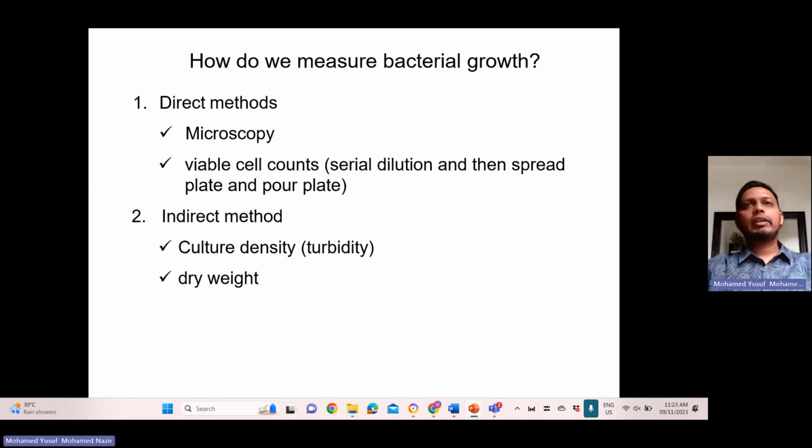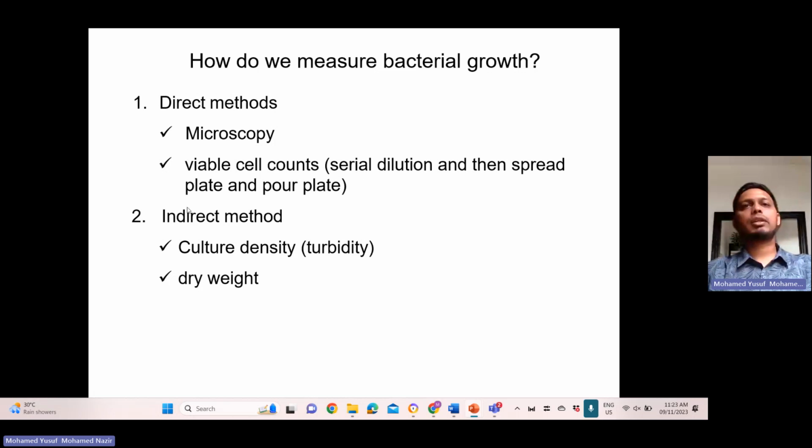Okay, there are ways for us to measure bacterial growth. We can use direct methods and also indirect methods. For direct methods, we can use microscopy and also viable cell count. I believe some of you have done streak plate, spread plate and pour plate. After we incubate it for some time, we can observe and calculate how many new colonies form.